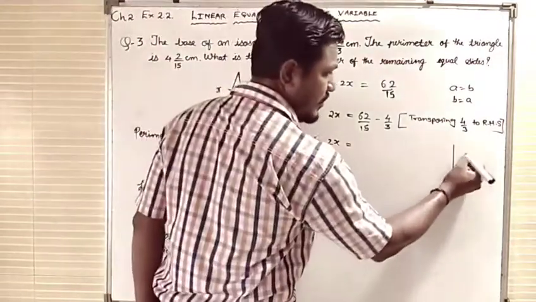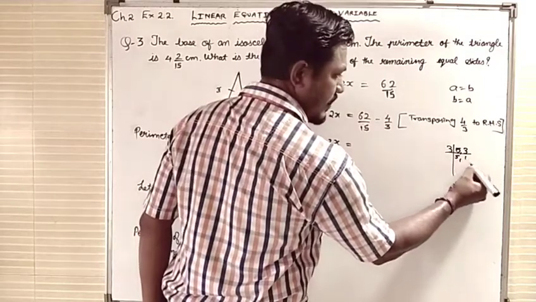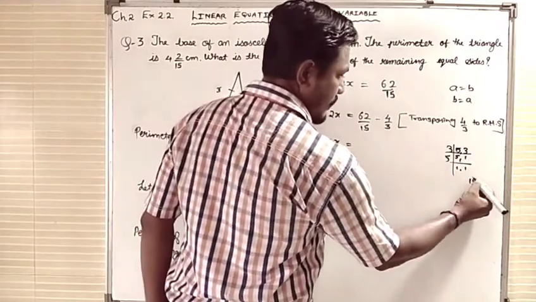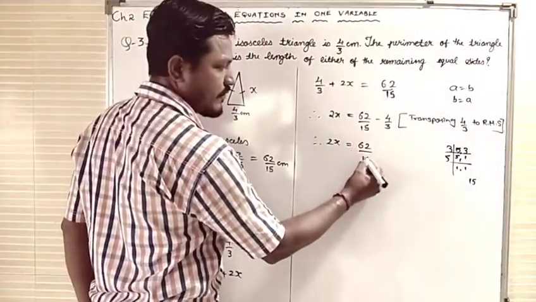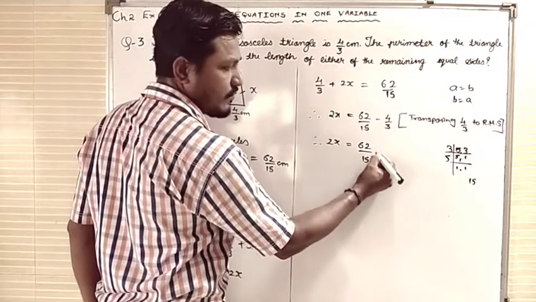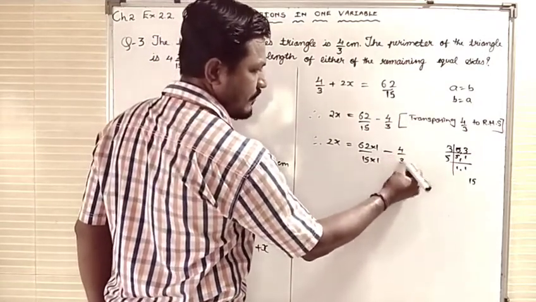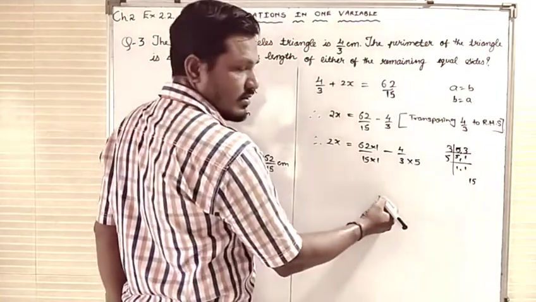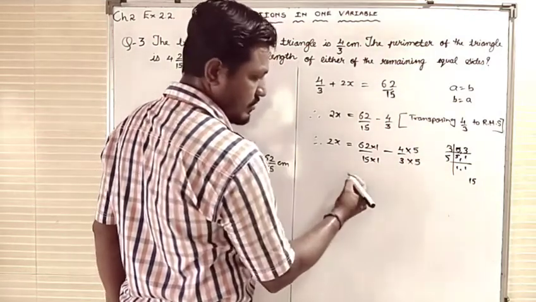If you want to see, you can check it over here. 3 5s are 15. So here already 15 is there. So 15 should be multiplied by what? 1. Put subtraction sign. Now I need 15 over here. So 3 should be multiplied by 5. Whatever value I am taking in denominator, same value I have to multiply in numerator also.